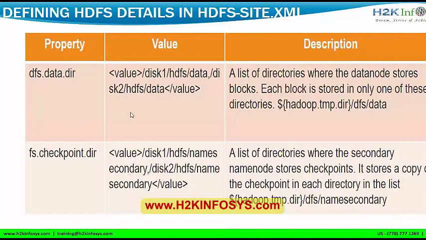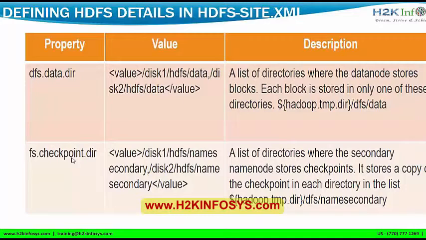So we are manually creating the replication for these types of values. This is the description: a list of directories where the data nodes store blocks. Each block is stored in only one of these directories, but if I want to store it in different places also, it is possible.